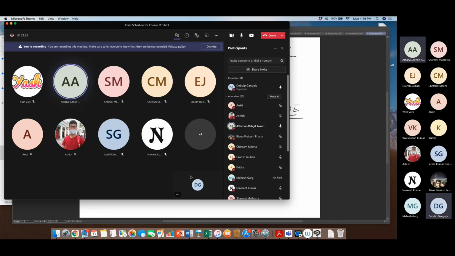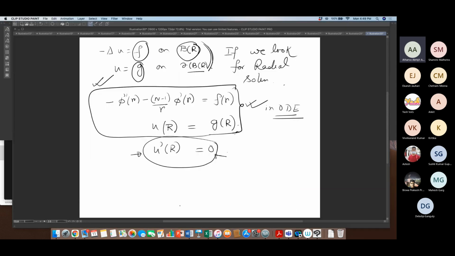Sir, if we consider the problem Laplacian of u equal to 0, then the ODE will be converted like phi double prime of r plus (n minus 1) by r phi prime of r equal to 0. Exactly, and so we can solve this ODE.